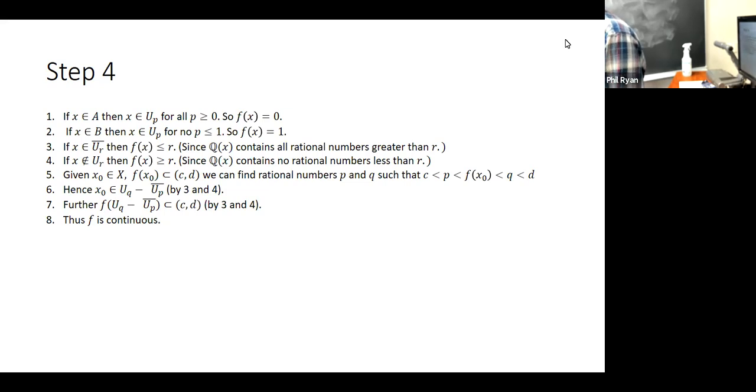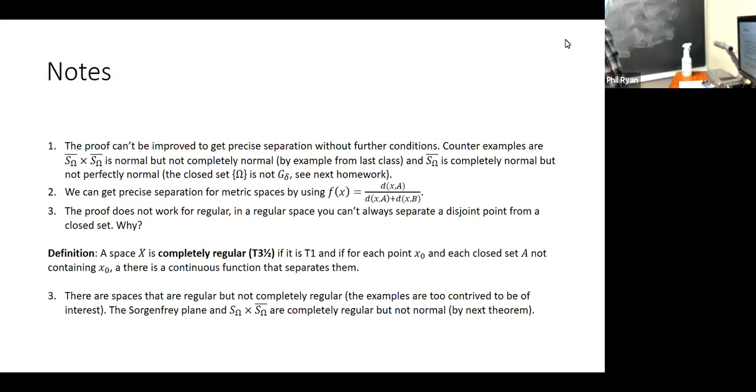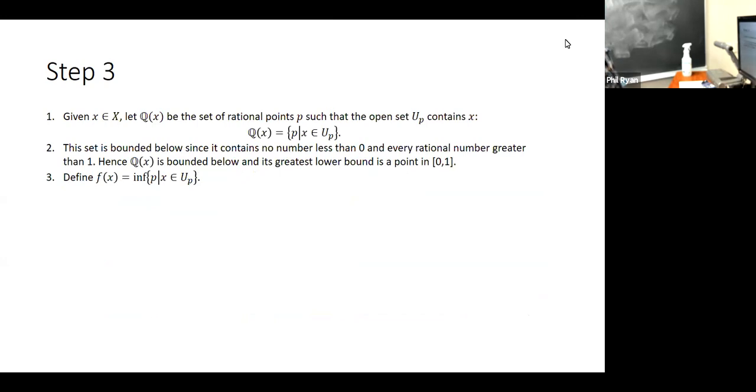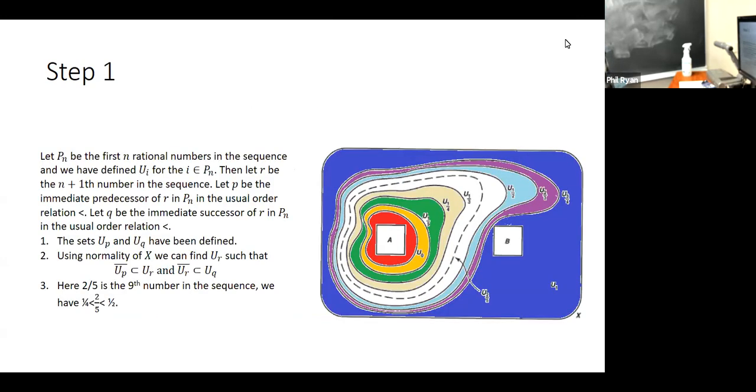So it really is, I think, a really nice theorem. It's just kind of amazing how we came up with a real function from kind of nowhere. So notice we can't improve it to get precise separation without further conditions, right?